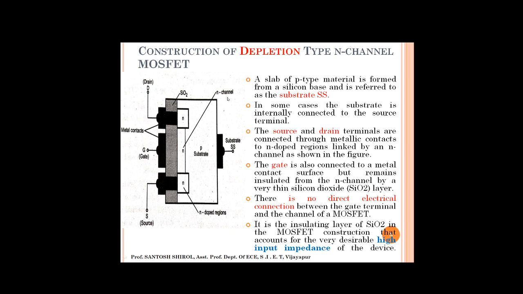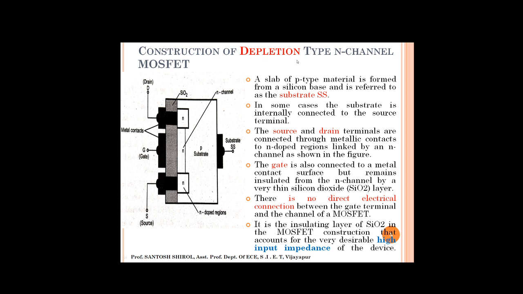Here is how it is constructed: we take a p-type substrate, over which in two parts we put n-type material. The bottom layer is called the source and the upper layer is called the drain, and in between the source and drain we construct an n channel. You can see the channel is constructed physically inside this MOSFET. That is why it is called a depletion type MOSFET.